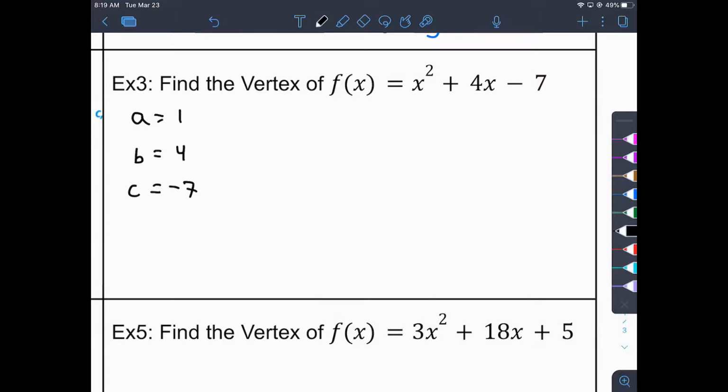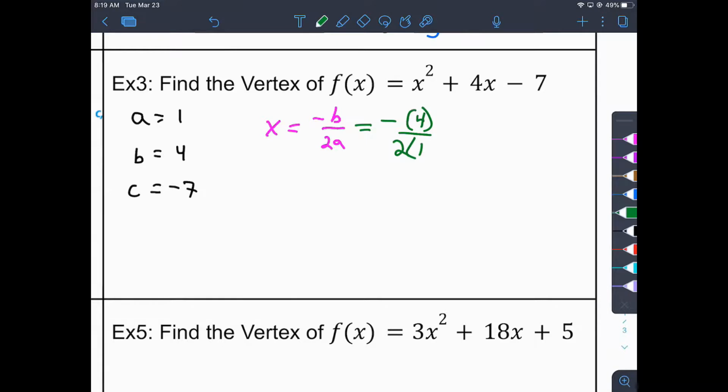But it told us, just to the left there, that the x-coordinate was equal to the negative of b divided by 2 times the a. So let's plug in what we know. The negative is there, our b value is a 4, and we're going to take 2 times the a value.